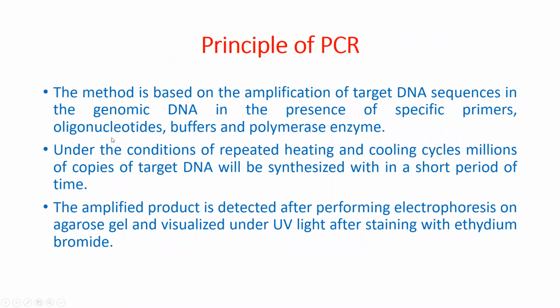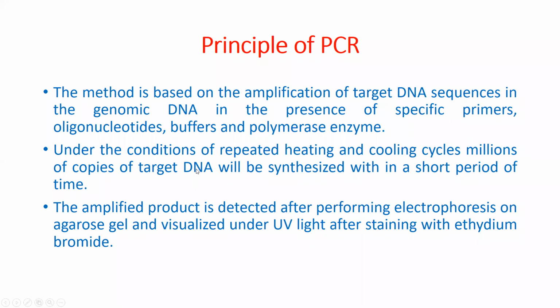The principle I just explained, how can we do it? We can amplify the target gene or target DNA by adding the genomic DNA. There will be primers, oligonucleotides, A, T, G, C all will be there. There will be buffer, and there will be polymerase enzyme, Taq DNA polymerase. Then we load it into the thermocycler, the PCR equipment.